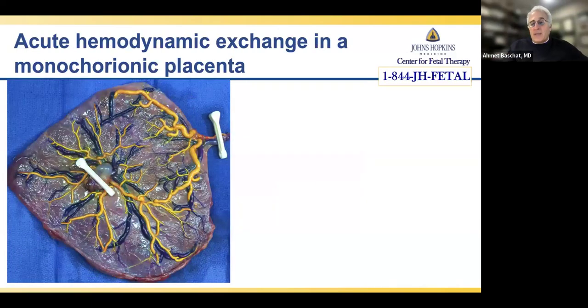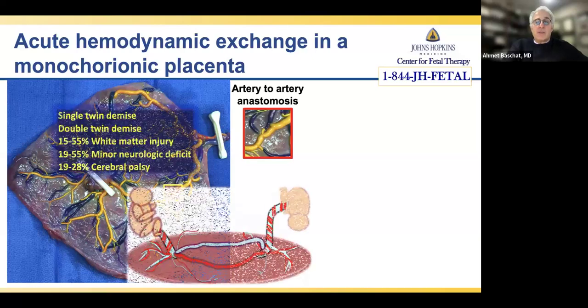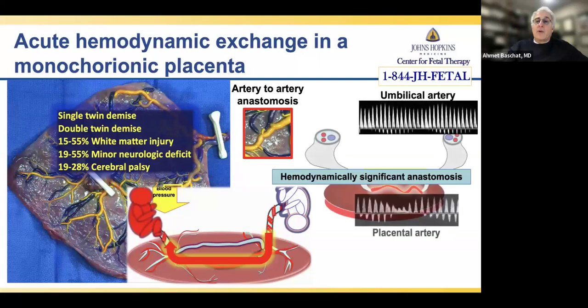Finally, there's also the risk of acute hemodynamic compromise due to large artery-to-artery anastomoses. If one twin experiences compromise and has a drop in blood pressure, these vessels allow for rapid exsanguination of one baby to the other, and they are the primary pathways responsible for the higher rate of single twin, double twin demise, white matter injury, and neurologic deficits that are much more commonly seen in monochorionic pregnancies than in dichorionic pregnancies.